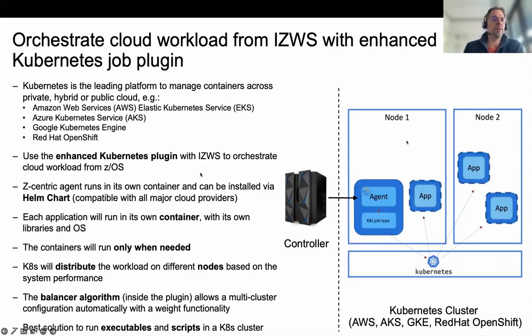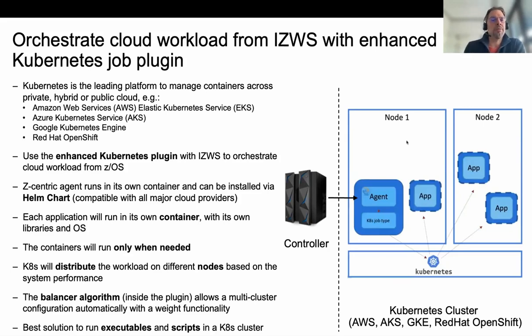So you can now use the enhanced Kubernetes plugin with IBM Z Workload Scheduler to orchestrate cloud workload from a z/OS controller. You have the controller based on z/OS, and we now have a Z-centric agent running in its own container that can be deployed to a Kubernetes cluster using a Helm chart, which is the standard way to install this kind of workload in Kubernetes clusters, compatible with all major cloud providers.